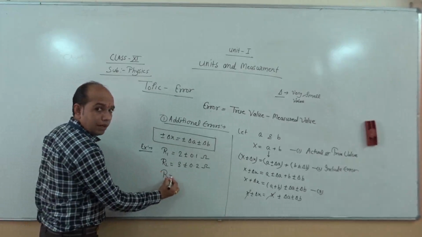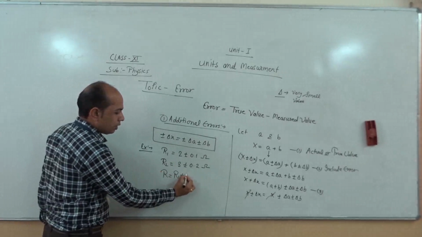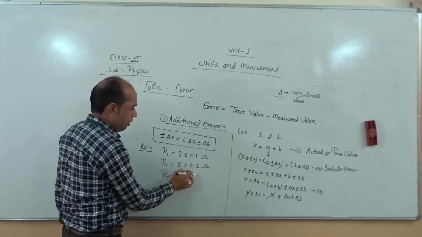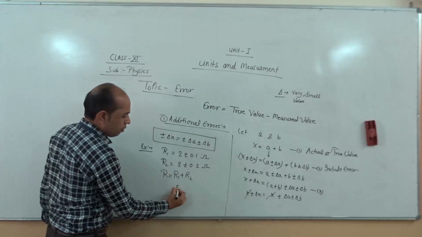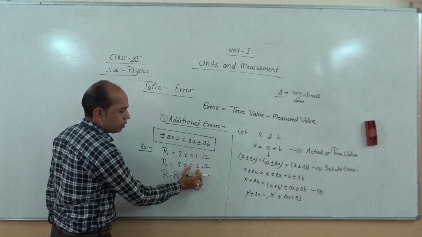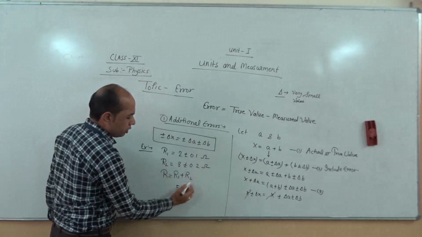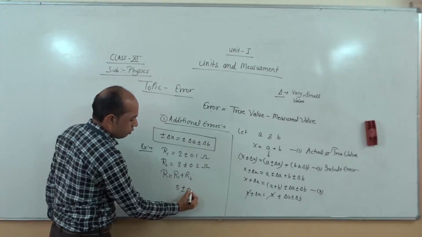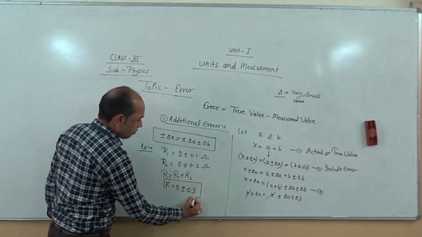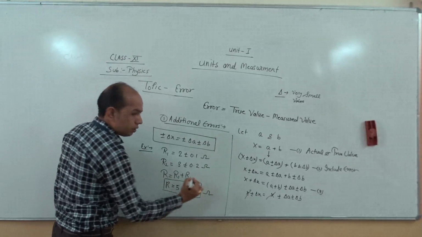So as per the identity, R is equal to R1 plus R2. So we have 3 plus 2, 5, and as per the identity del A plus minus del B, so 0.2 and 0.1, this is plus minus 0.3. So this is the resistance during the series calculation.